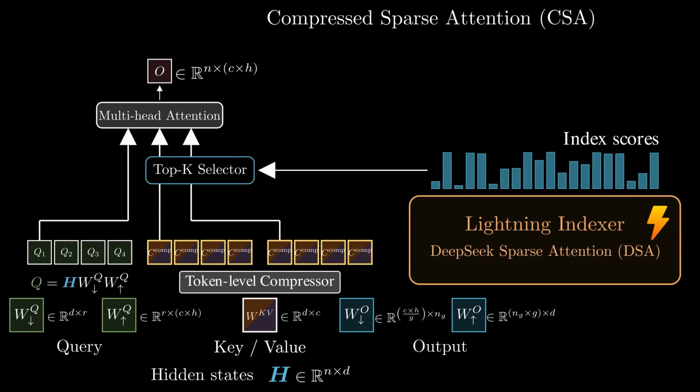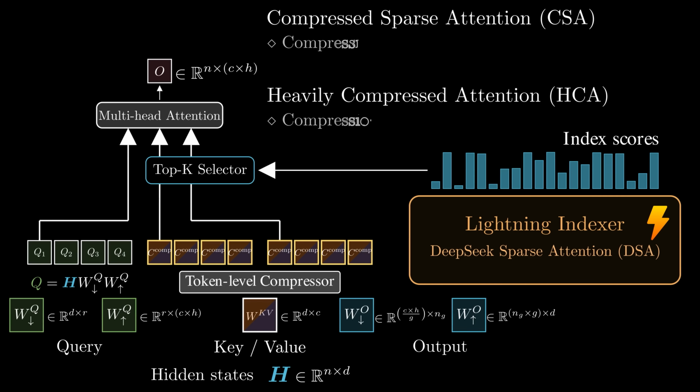DeepSeek V4 also uses a complementary mechanism, heavily compressed attention, or HCA. Compared to the compression ratio of 4 in CSA, HCA compresses every 128 tokens into a single key-value entry.